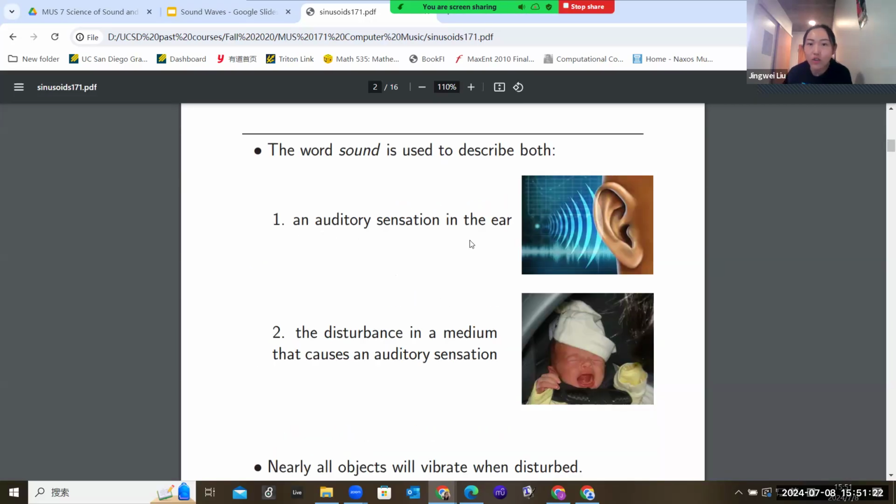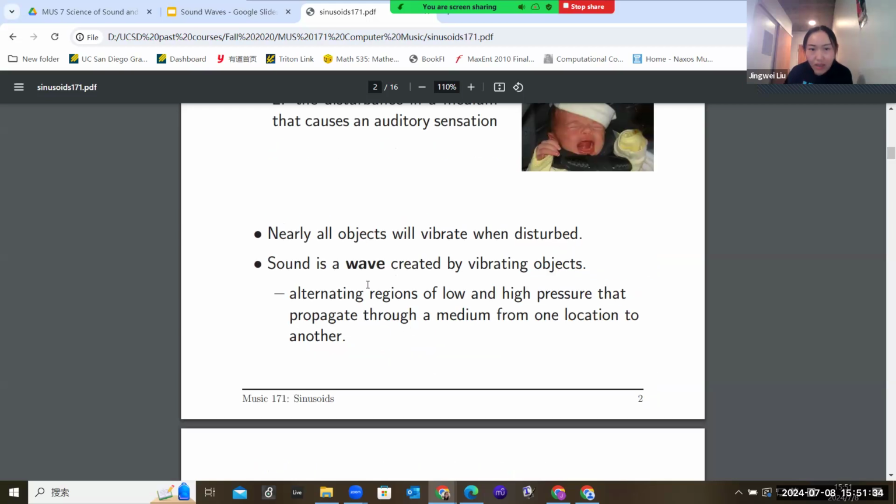An auditory sensation in the air, from something that vibrates, so the disturbance in a medium that causes an auditory sensation. Nearly all objects will vibrate when disturbed. Sound is a wave created by vibrating objects, alternating regions of low and high pressure that propagate through a medium from one location to another, right? So this is what the sound wave is.